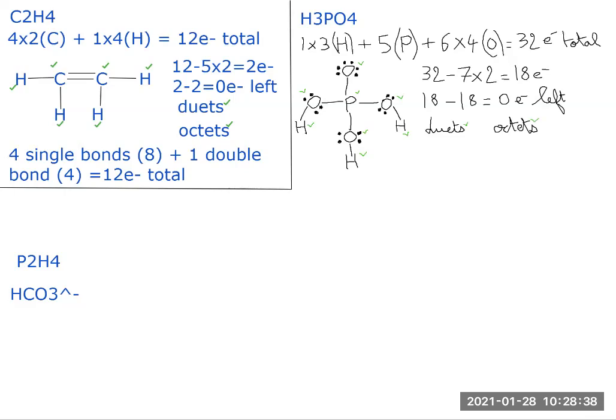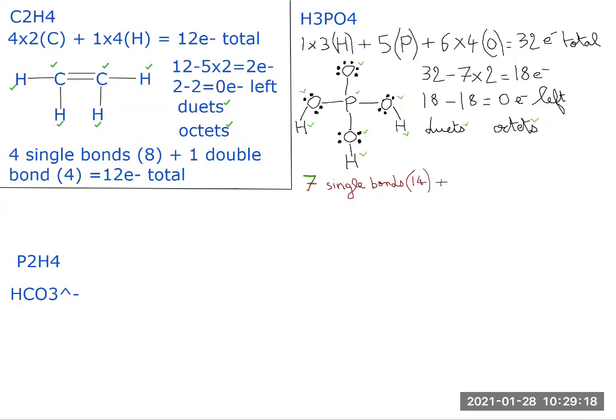We have, we said 1, 2, 3, 4, 5, 6, 7. Let's write this differently. So 7 single bonds times 2 electrons each, that's 14 electrons from the single bonds.